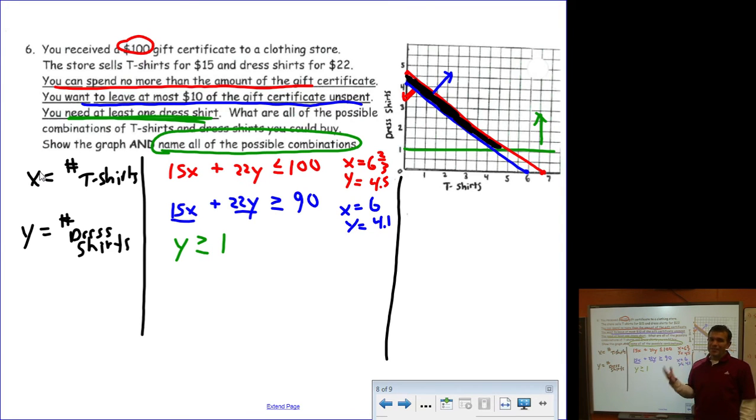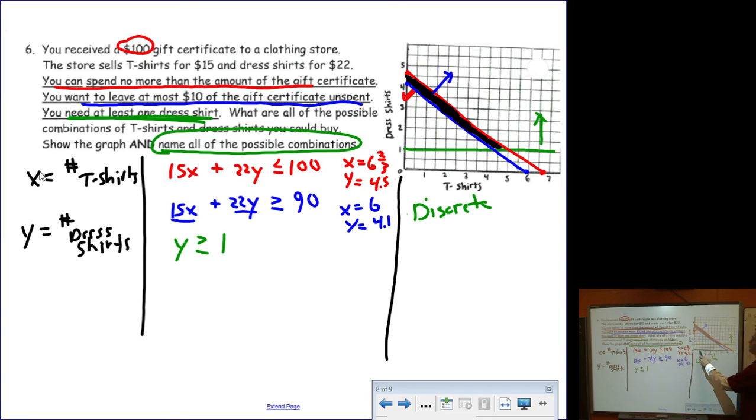All right, so one thing is, this is a discrete graph, right? It's discrete because you cannot buy a fraction of a shirt. Only whole numbers make sense. So I want all the possible combinations of shirts, but only whole number combinations. So let's start looking for whole numbers that are in our black area.